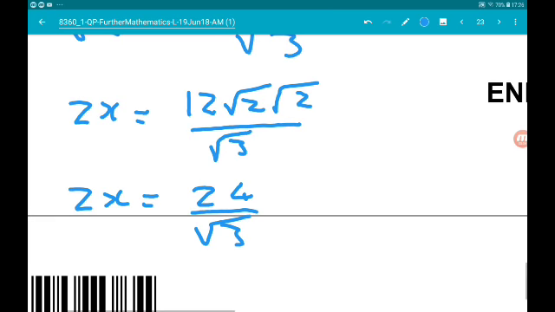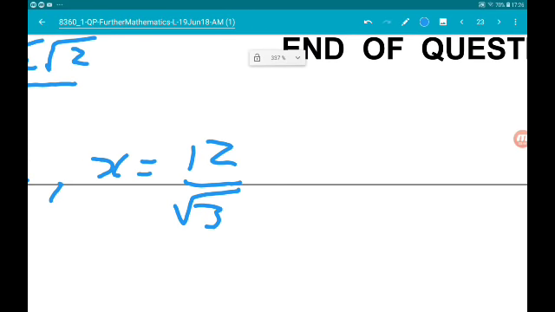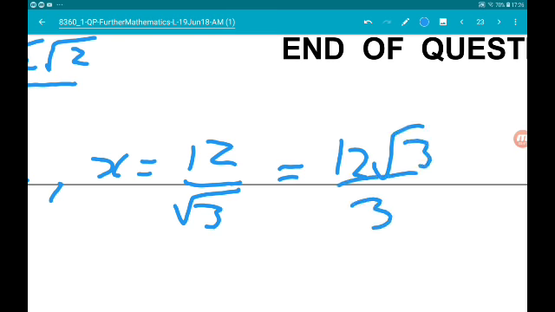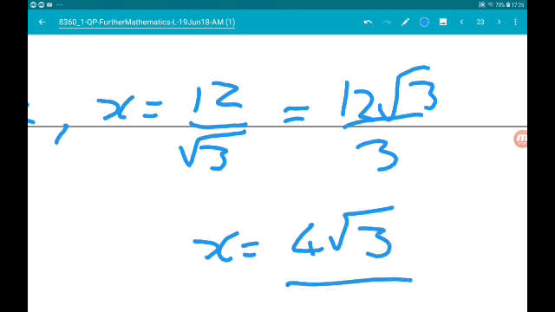If we divide by 2, we get x is 12 over root 3. Now all we need to do is rationalise the denominator. So this is 12 root 3 over 3, which finally gives us x is equal to 4 root 3.